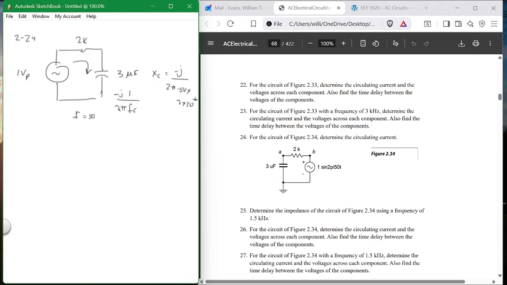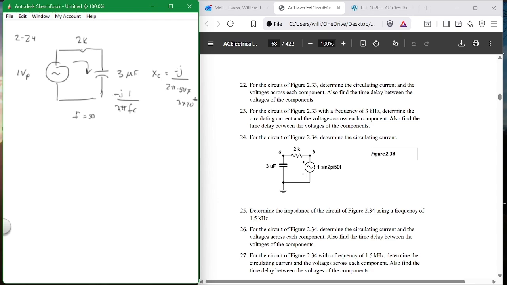Okay, it's 1 divided by 2 times pi times 50 times 3. Okay, take on it.